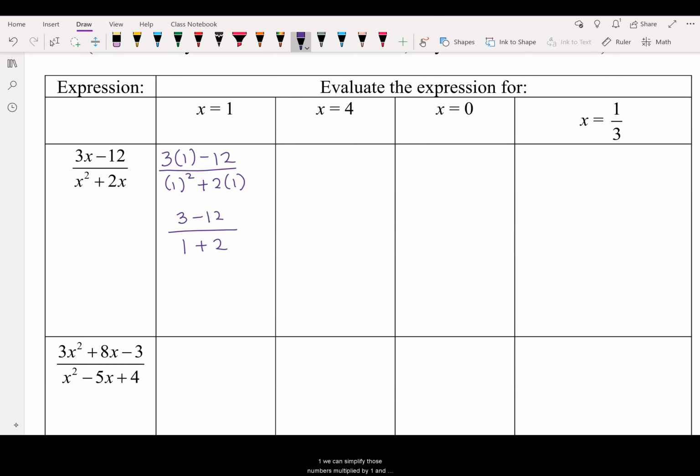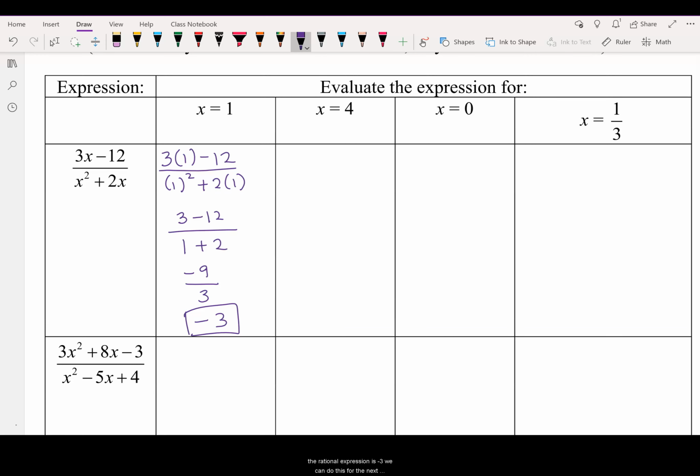We can simplify those numbers, multiplying by 1, and then do that subtraction, 3 minus 12, negative 9. 1 plus 2 is 3, and then the division, negative 9 divided by 3 gets us negative 3. So if x equals 1, the rational expression is negative 3.